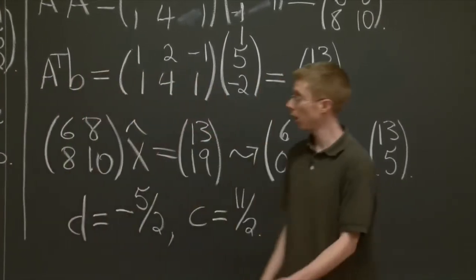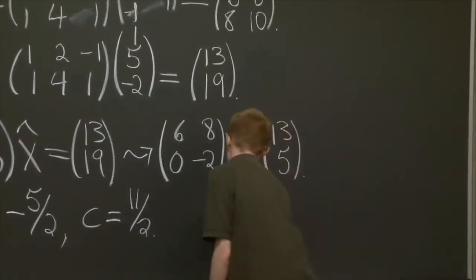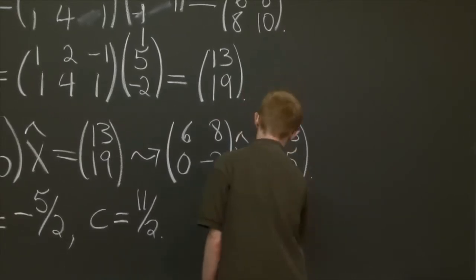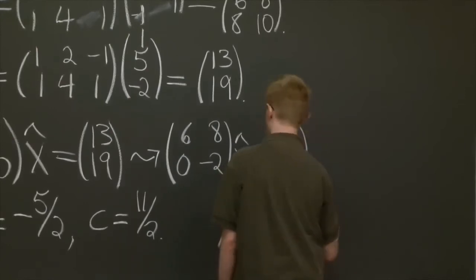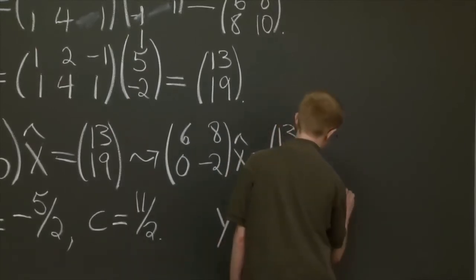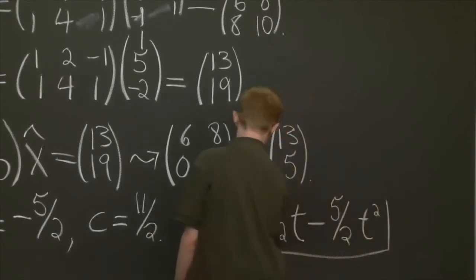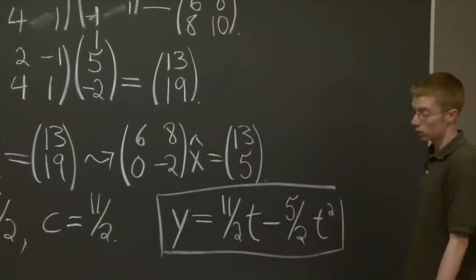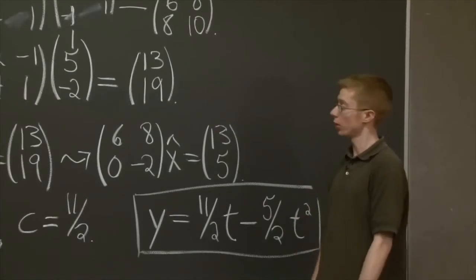So what's our final equation? Our final equation is y equals 11 halves t minus 5 halves t squared. Good. Okay, so this is our best fit quadratic equation through the origin.